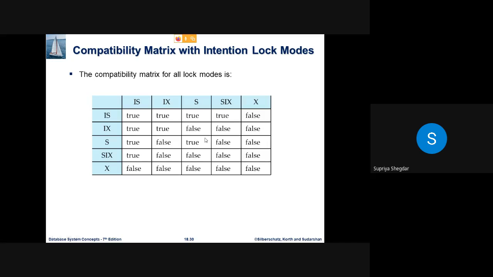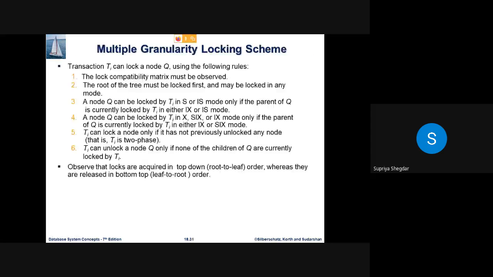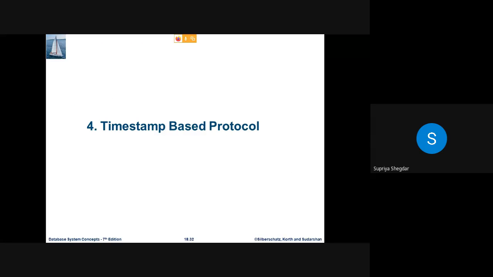Then we have seen the compatibility matrix for all the lock modes, and the rules for locking a data item in any node. Up to this we have seen in the last lecture.